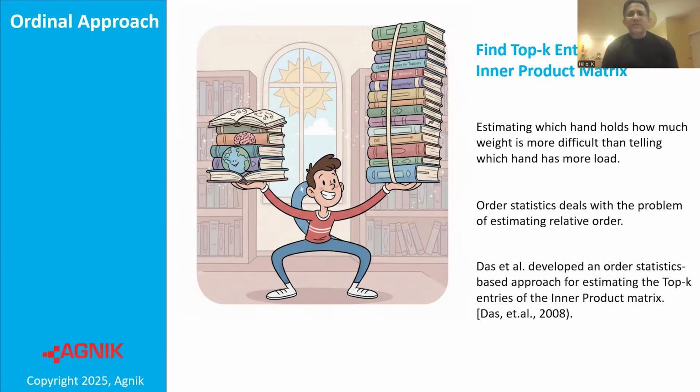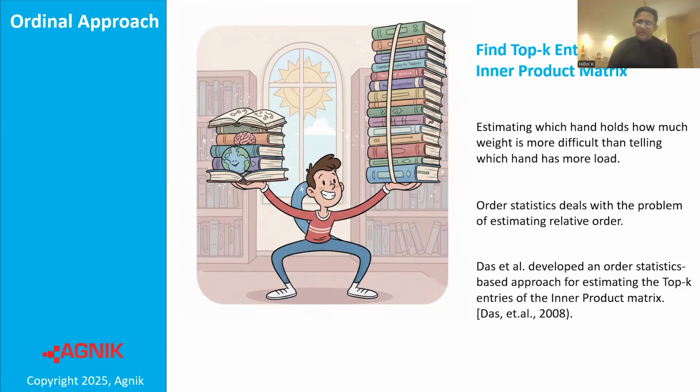Now, if I ask you which one weighs how much, for example, how much does the stack of books on your left hand weigh, or the pile on your right hand, most people will struggle to answer that unless they're really expert in weights. Now, if I ask you which one weighs lighter or which one weighs heavier, most people will be able to answer that easily.